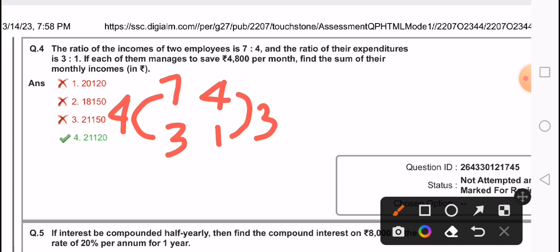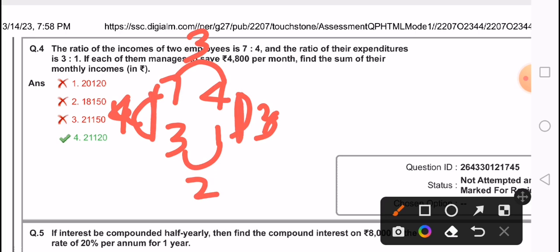Actually I drew this wrong. This difference is 3 and this difference is 2. So in order to make these differences the same, we have to multiply with the opposite values. So this 7:4 we multiply by 2, and this 3:1 we multiply by 3.